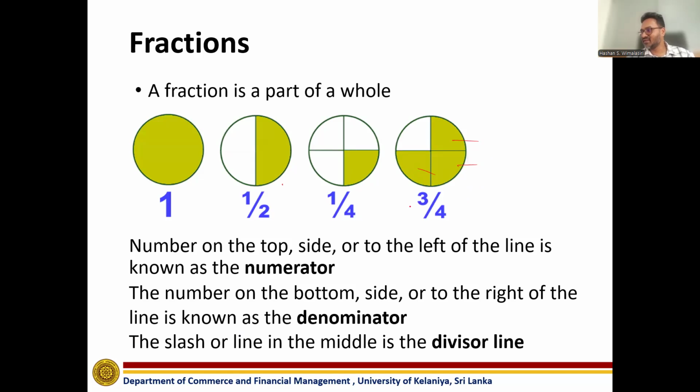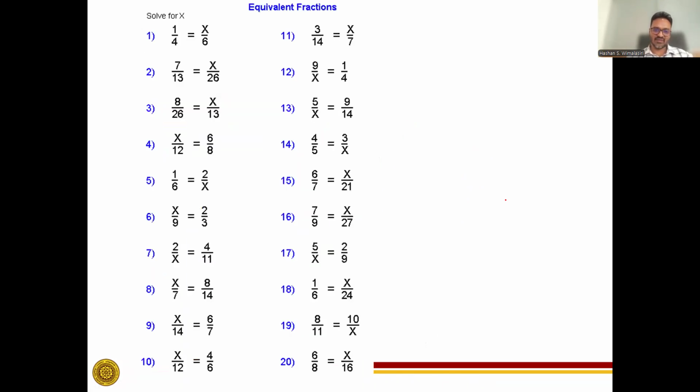Normally the top side we identify as the numerator, this is the division mark, and this is the denominator, right? That's the way we recognize fractions from this onwards. So based on these fractions, you may have to do some calculations.